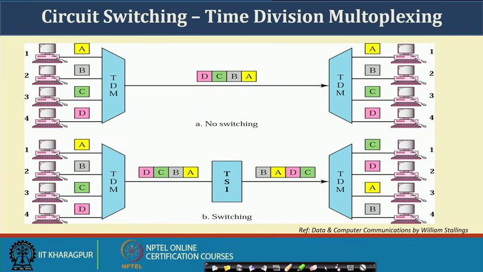Or there can be some sort of switching. If the connectivity is such that 4 has to communicate with 2, then I can change this packet sequence, so that there is a switching. So BCDA, DCBA now become BADC, based on where the packets would go.